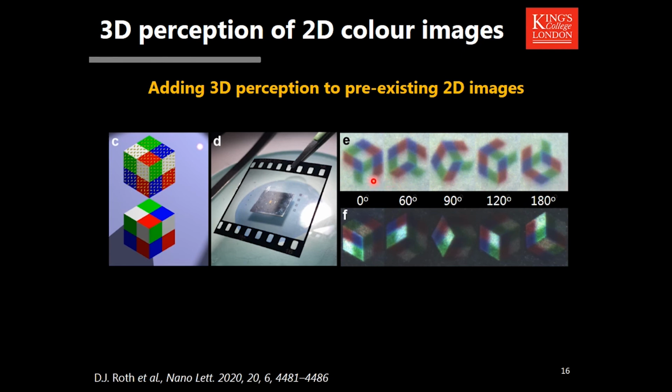And then we placed this film onto our metasurface to regain the 3D perception, as you can see from the bottom row here. The contrast in these images is a bit worse than the other images you've seen, and this is due to the scattering of the film in the darker region here.